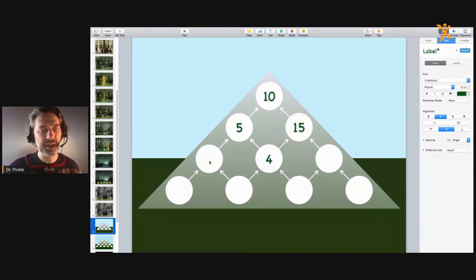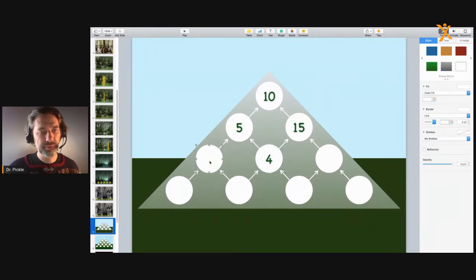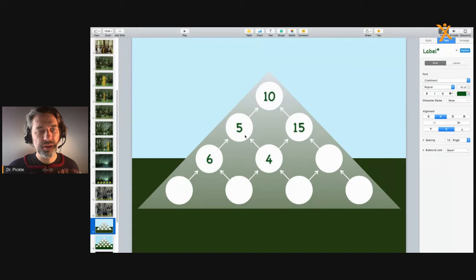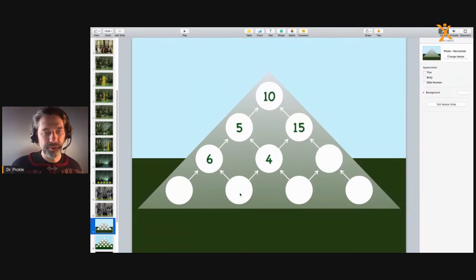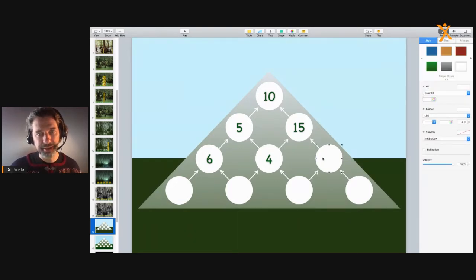And what are we going to put here? 6 there. Okay, and yeah, that would work because that's distance 1 from 5, and that's distance 1 from 5. Yeah, so we've nailed it. Okay, go ahead. What are we going to put? Oh, this one we should be able to calculate now.